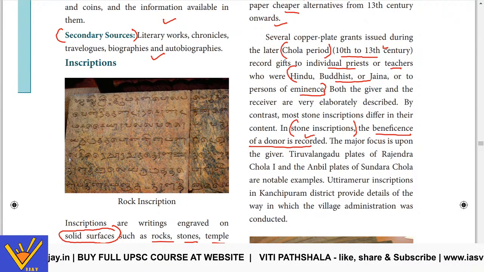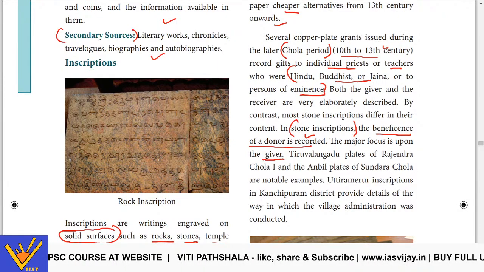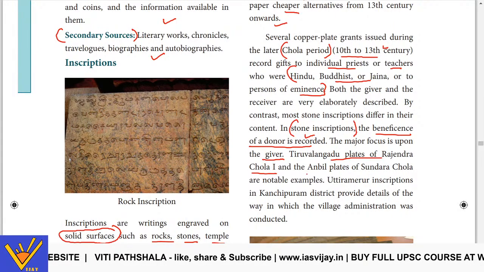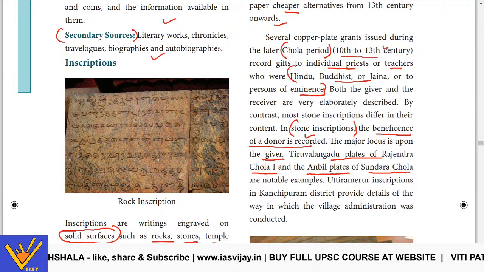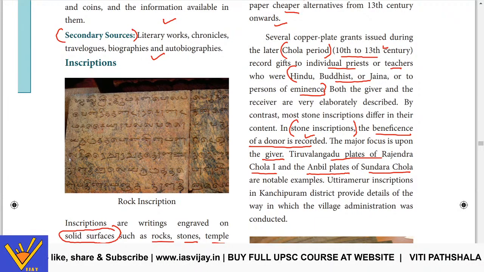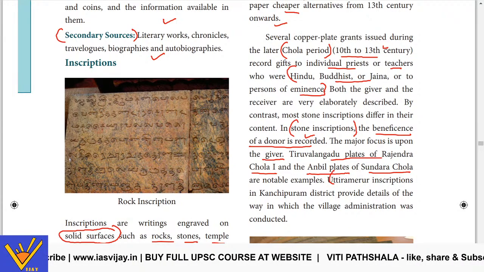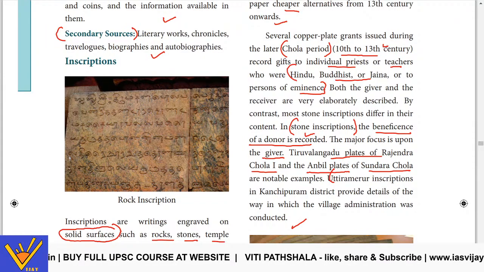The major focus is upon the giver. The Velanjeri plates of Rajendra Chola I and the Anbil plates of Sundara Chola are notable examples. The Uttiramerur inscription in the Kanchipuram district provides the detailed way in which the village administration was conducted.